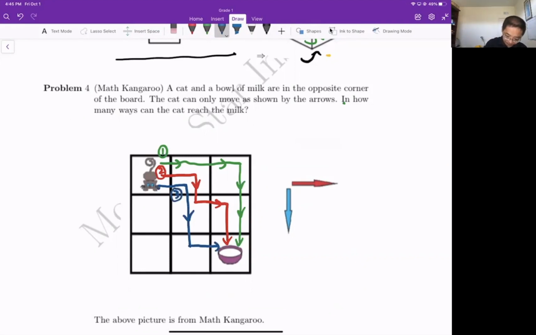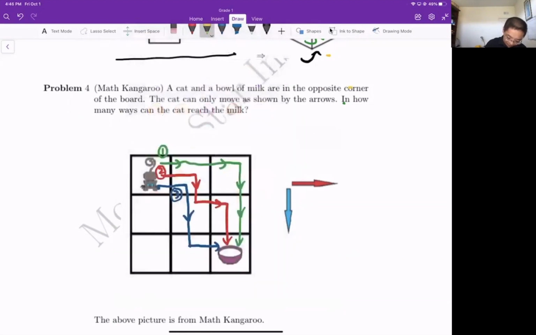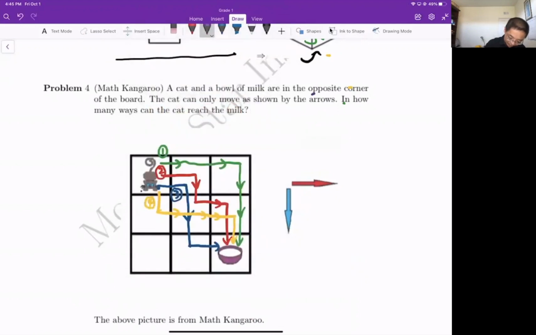Or the cat can start from this and go down first, go down to here, and then all the way to here, and then to the milk. This is the fourth way. Or the cat can go down here, go to here, then go down here and down here and go to the right.